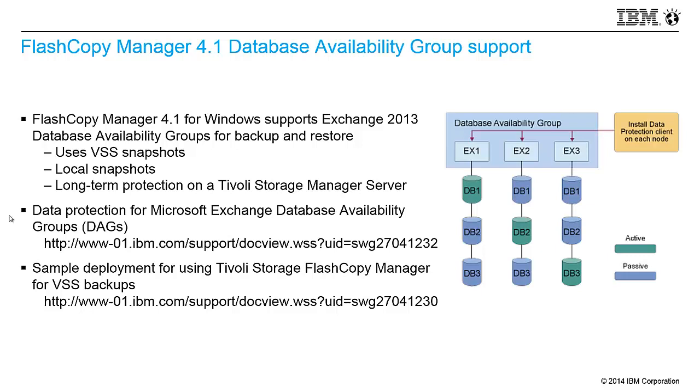Exchange database availability groups are a built-in protection mechanism for Microsoft Exchange environments, and what it allows you to do is have databases that have both active and passive copies.